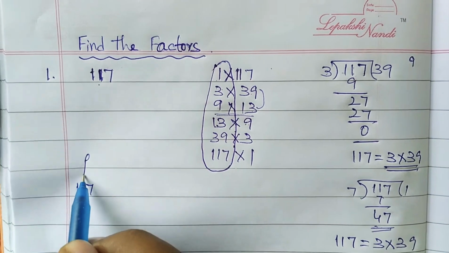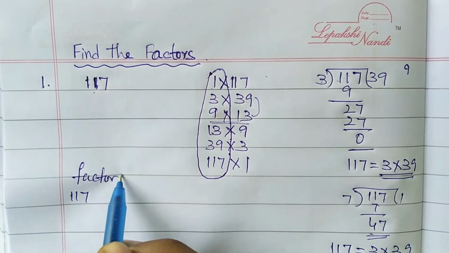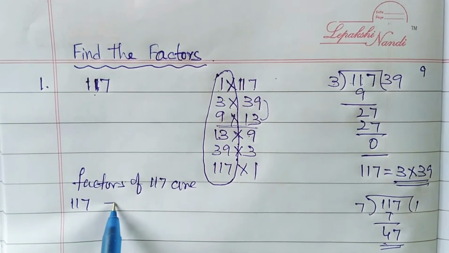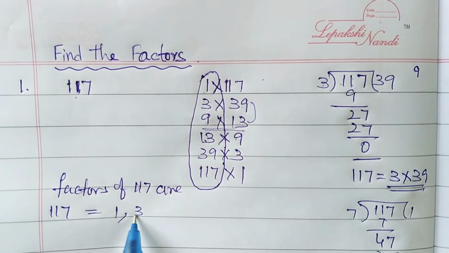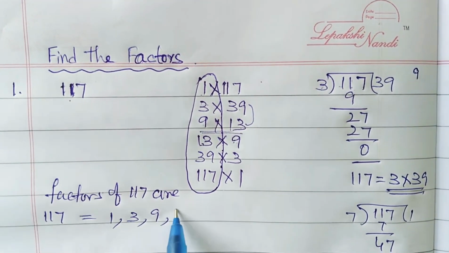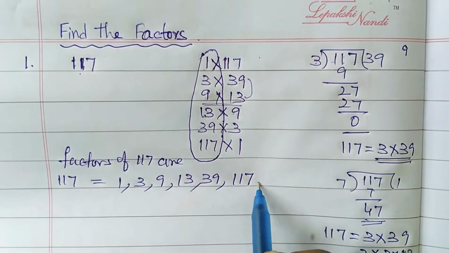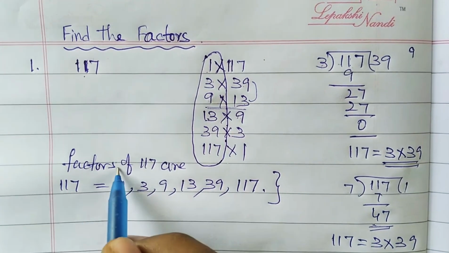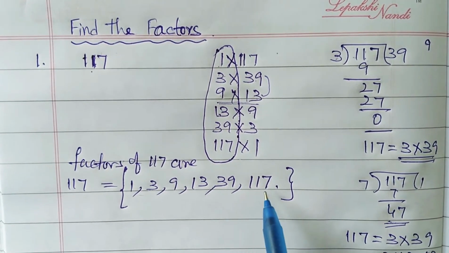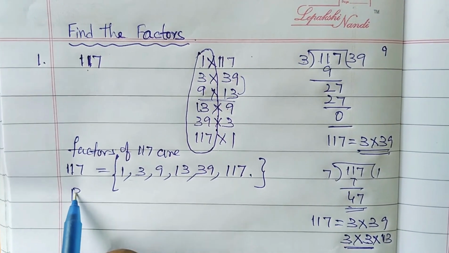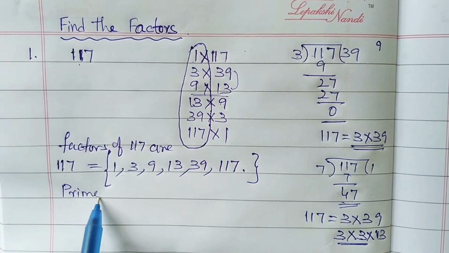The factors of 117 are 1, 3, 9, 13, 39, 117. In these tables we get the result 117.